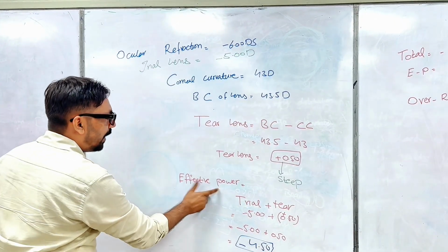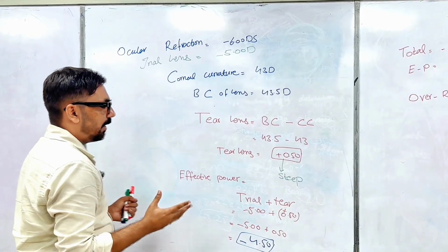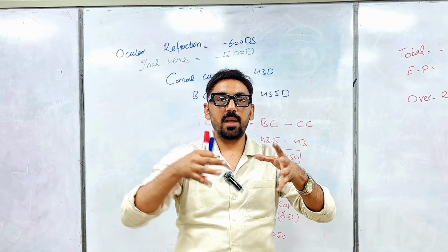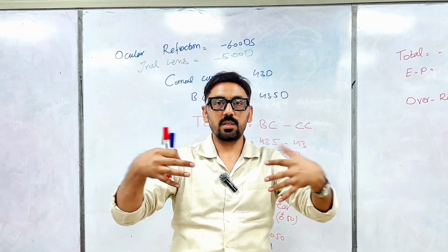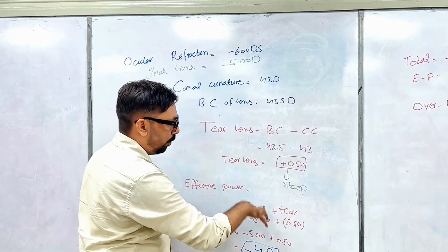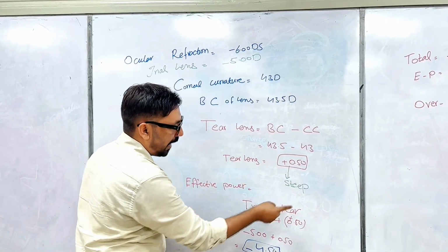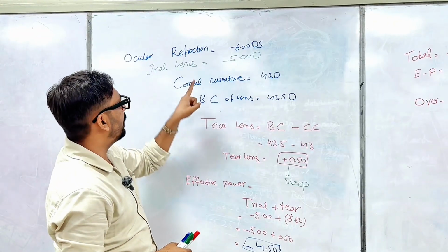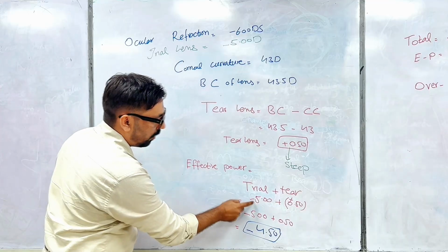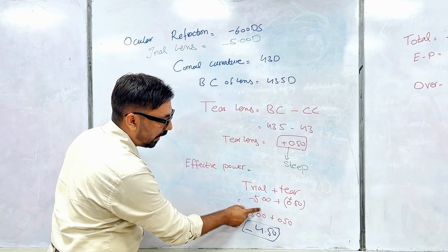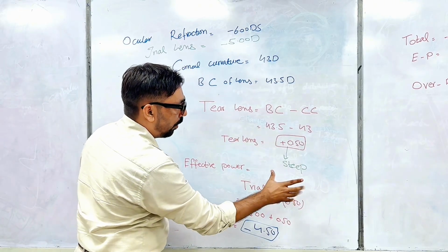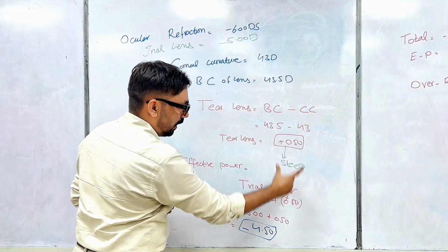So now we have to find the effective power. And what is effective power? We have to calculate the total power of the whole media, like the tear lens and the trial lens, right? How? We have to sum up the trial lens as well as the tear lens. I know the trial lens power, that is -5, so I will write -5, which is the trial lens of the RGP lens, and I have a tear lens as well, and that is +0.5 diopters, right?